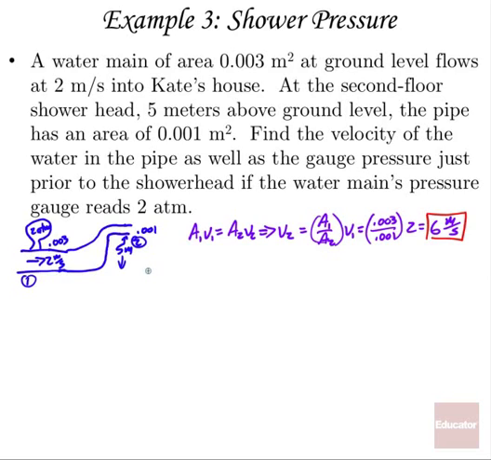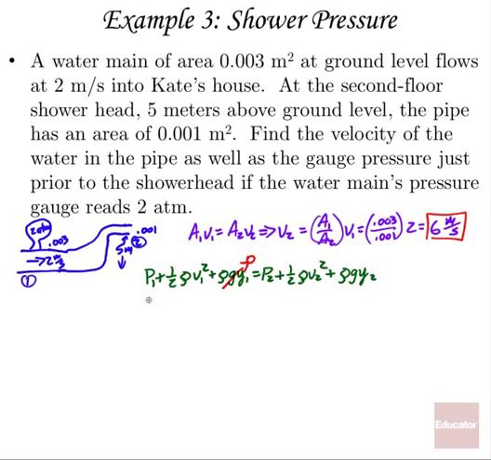All right, we'll use Bernoulli's equation: P1 plus 1/2 rho v1 squared plus rho g y1 must equal P2 plus 1/2 rho v2 squared plus rho g y2. Now, if we set y1 over here and call this ground level, y1 is 0, that term becomes 0, that goes away. And now let's start substituting in our values to see if we can find what P2 is going to be.